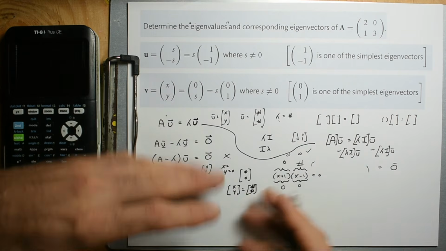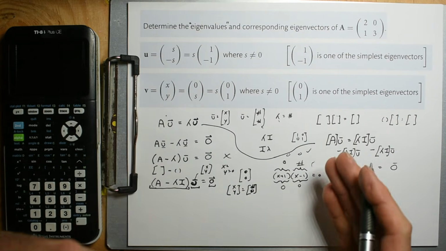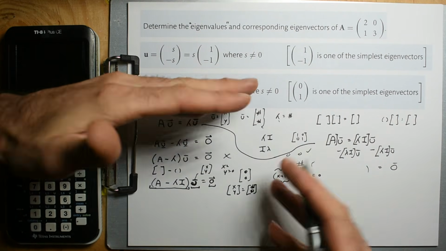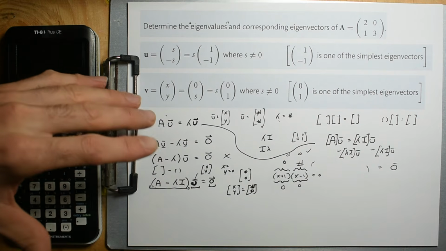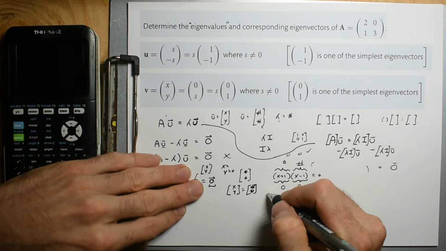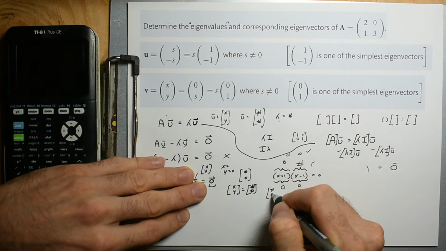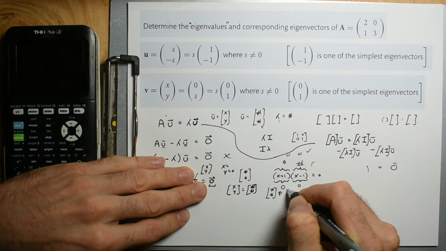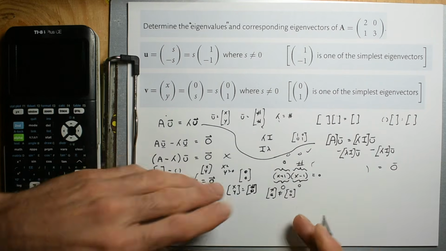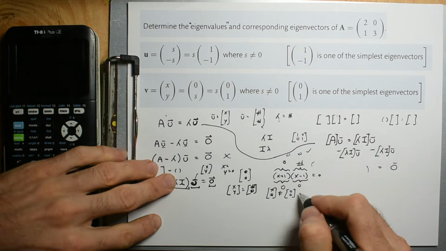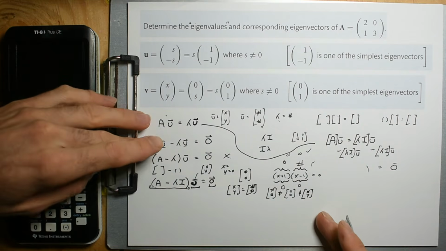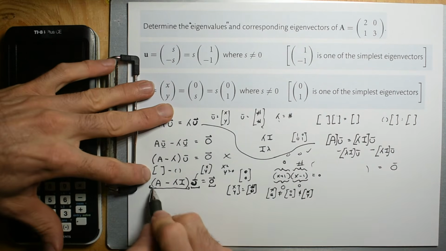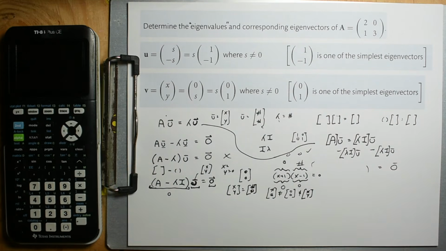Or at least one of them is a number and maybe the other one's 0, or vice versa. Just a combination where in general xy is not 0, 0. So then this side of the equation would have to be 0.